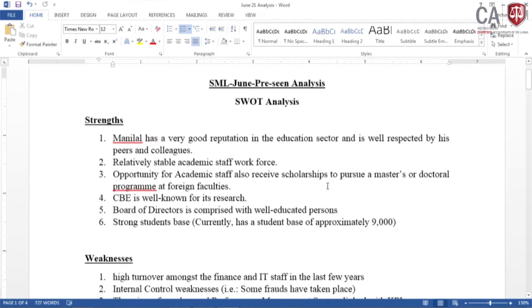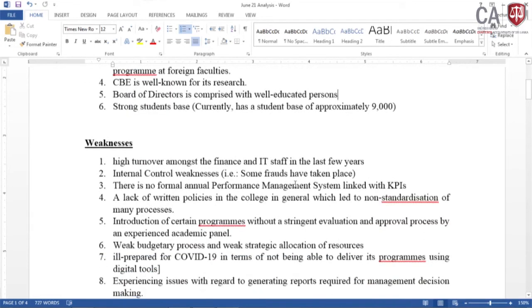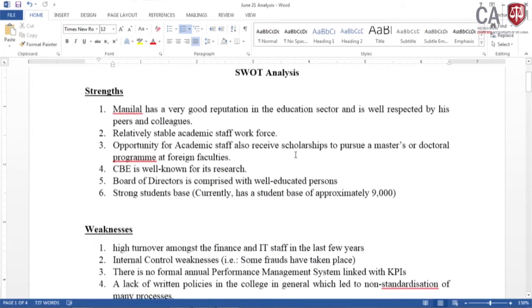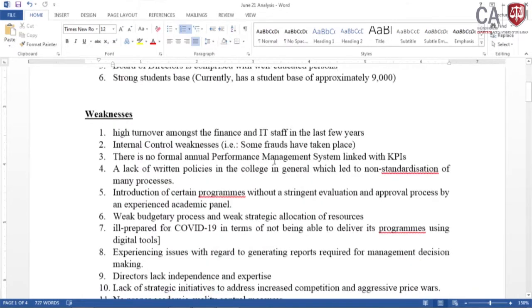Then strong student base, currently approximately 9,000 students. You can add more than that, right. These are things that I have identified as strengths. You may find more points than that.